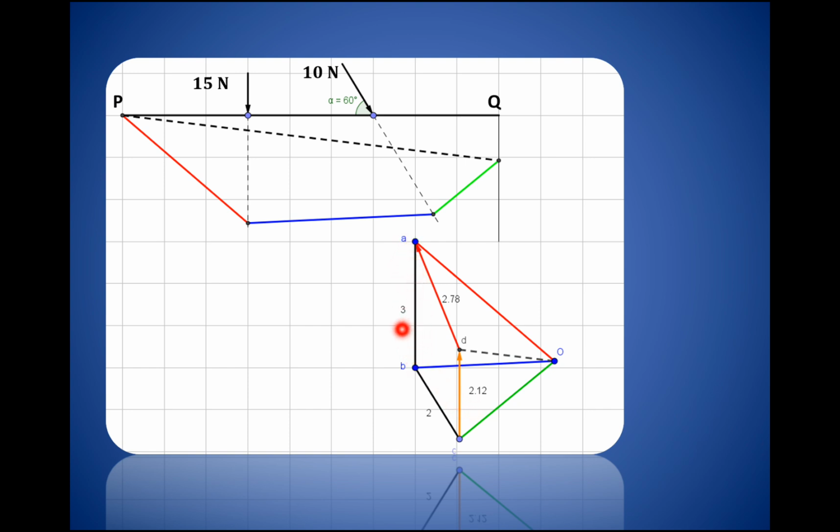AB is 3 centimeter representing the 15 Newton force. BC is 2 centimeter representing the inclined load acting at an angle of 60 degree. CD represents the reaction at the roller support and its value is 2.12. DA represents the reaction at the hinge support and its magnitude is 2.78.